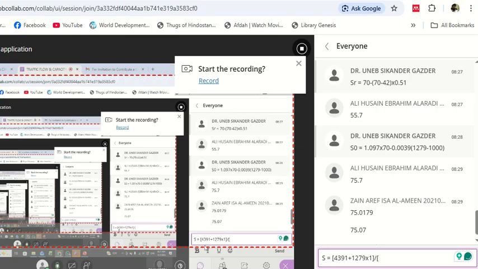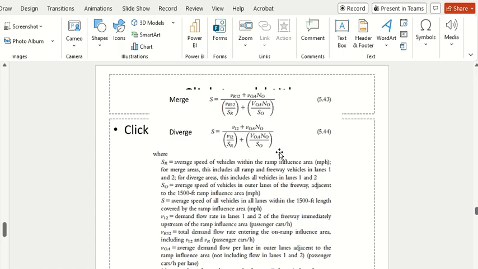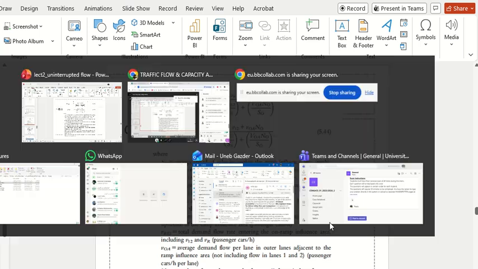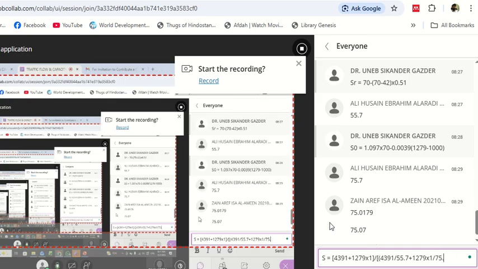Then V12 upon the speed of the ramp area, 4391 divided by 55.7, plus 1279 multiplied by 1 divided by 75.7. I'm just doing it so that you know what I'm following.